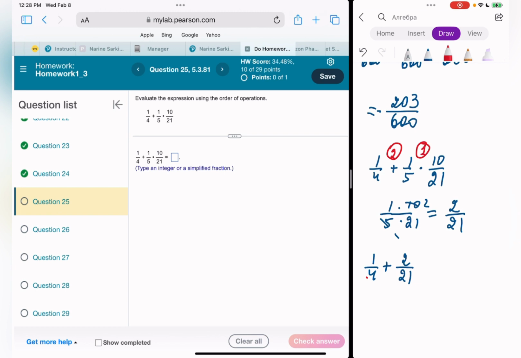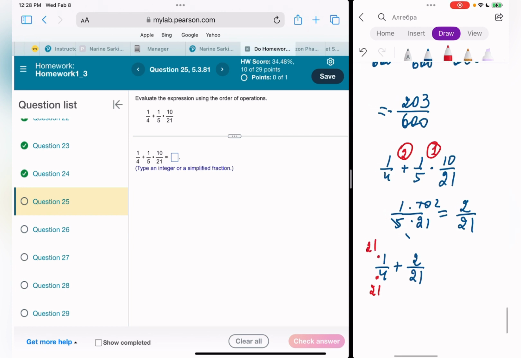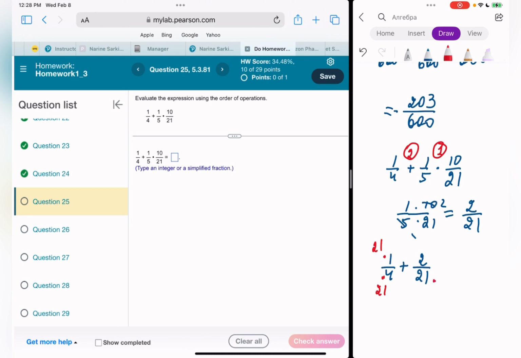By 4, it's going to be 84. Okay, 84 is divisible by 4. So 84 divided by 4 is going to be 21. 4 times 2 is 8. And 21, I have to multiply by 4 to get 84.